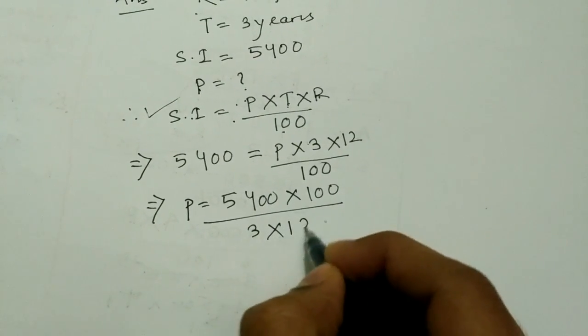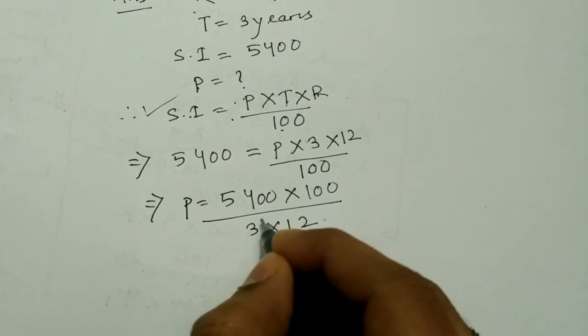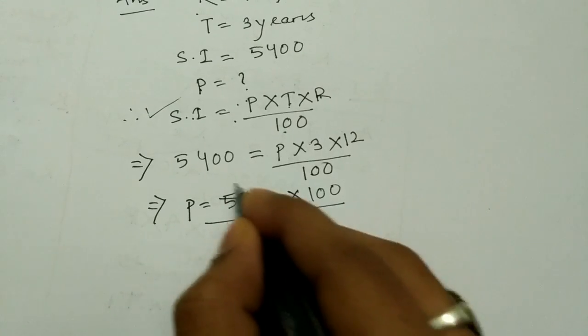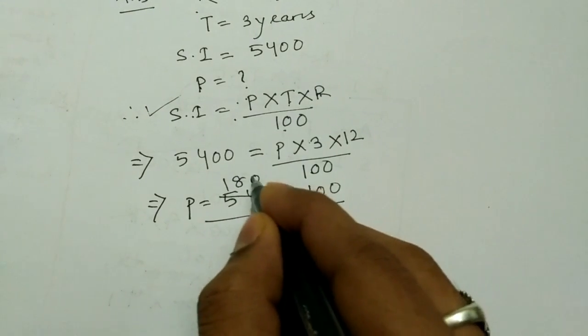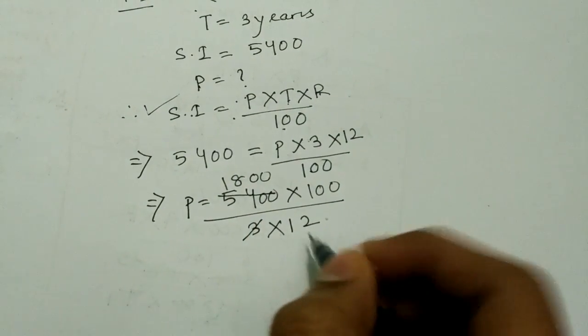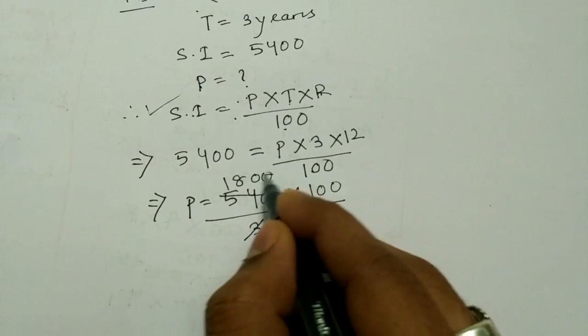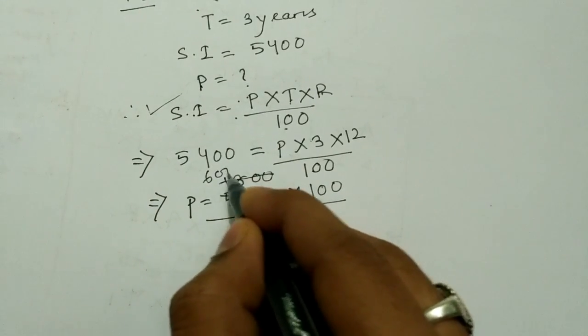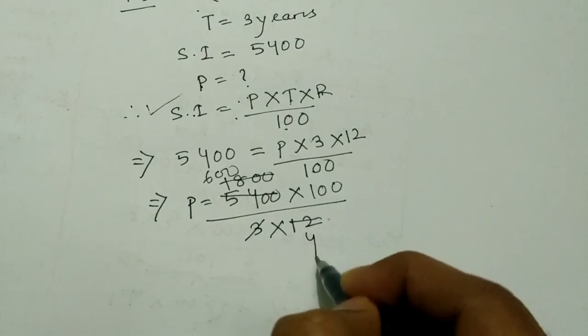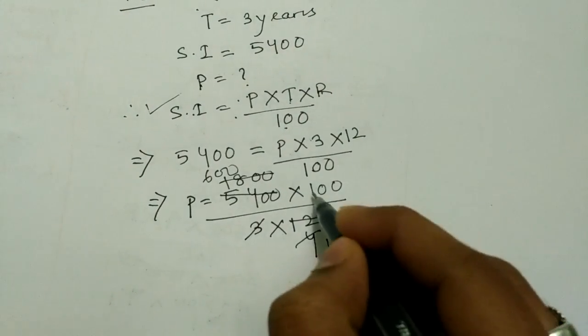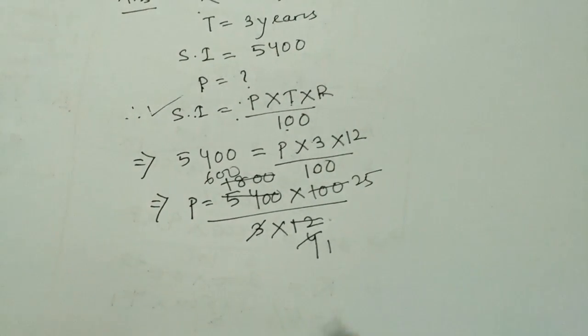It will be 3, 18, 54 and 2 zeros, then this is 3 600, and 4 2500.